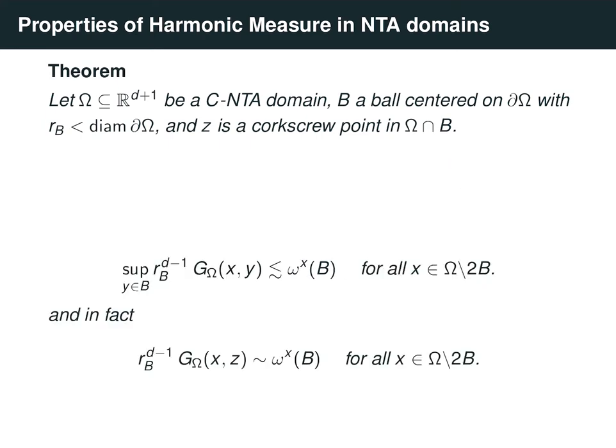The next property concerns a relationship between Green's function and harmonic measure. We saw earlier in another video that there is an equation relating harmonic measure and Green's function. However, for NTA domains, we get nicer estimates.